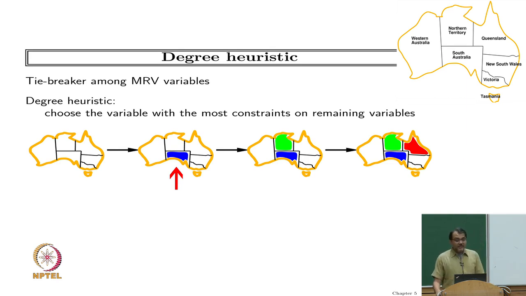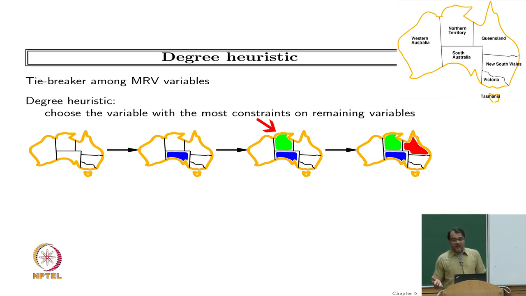So, the degree heuristic says assign the one which has the maximum degree. Now, there are many which have degree 2, like Northern Territory, Queensland, New South Wales, they all have degree 2. So, now you can do random tie breaking. So, you assign Northern Territory first. Once you assign Northern Territory, now you have to talk about minimum remaining values. So, Western Australia has minimum remaining value 1, Queensland has minimum remaining value 1.